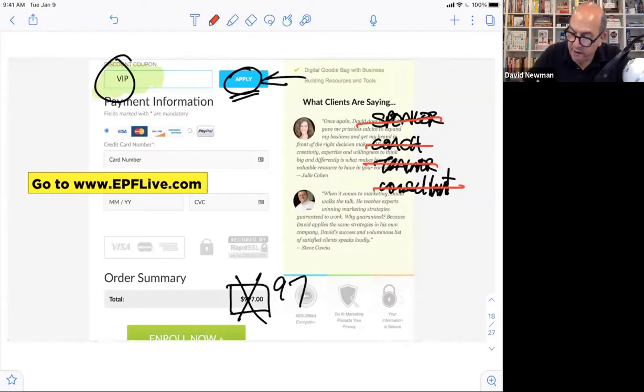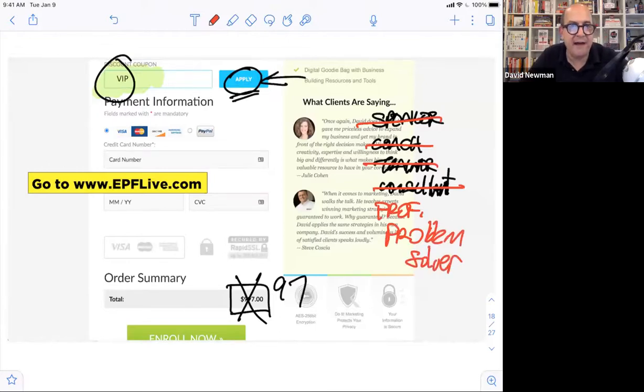So what you really are is you are a professional problem solver, and you have programs that are different levels of depth, duration, and detail. So a 1-hour speech is different than a 90-day coaching program, that's different than a 3-day boot camp, that's different than a year-long consulting package. So those are all different levels of depth, duration, and detail.